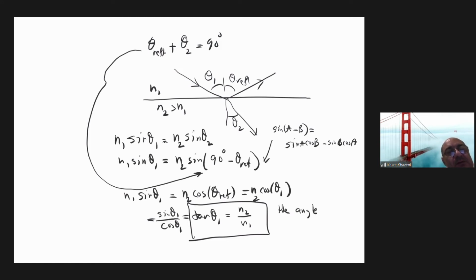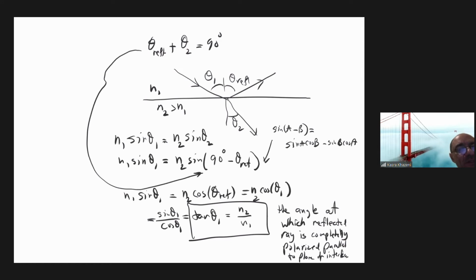Okay, so this is the angle at which reflected light is completely polarized parallel to the plane of interface.